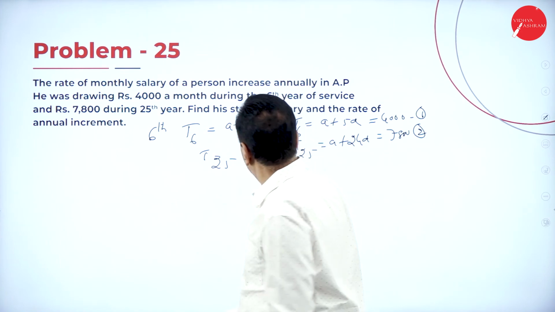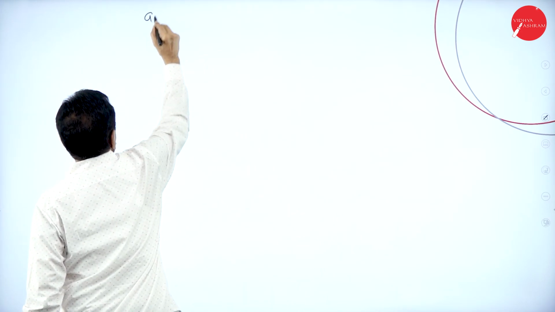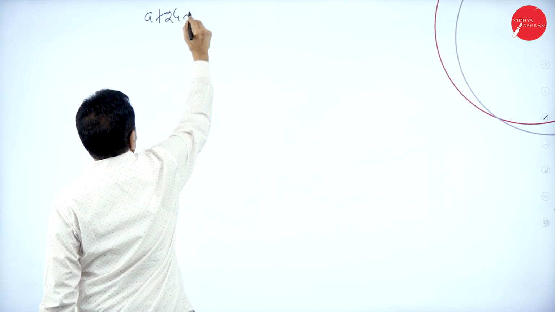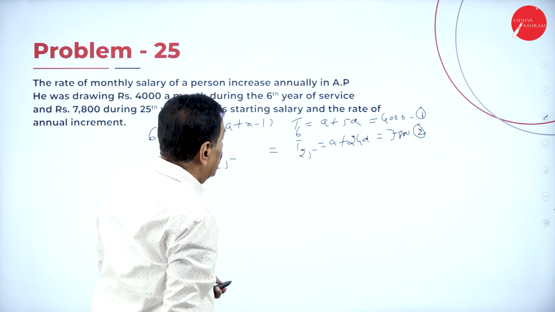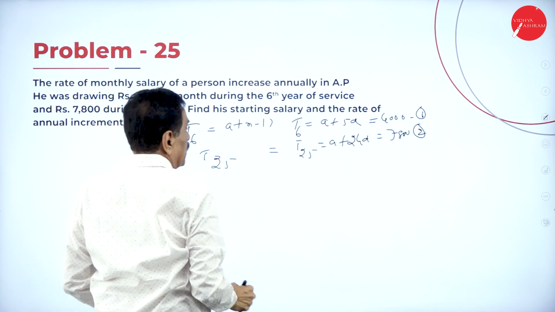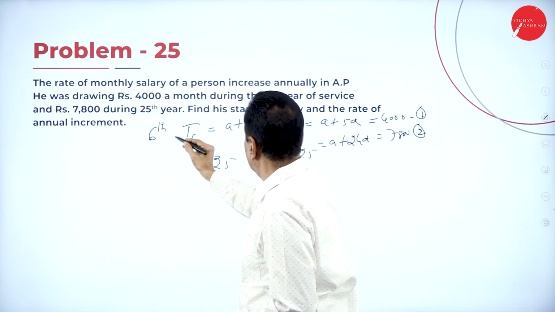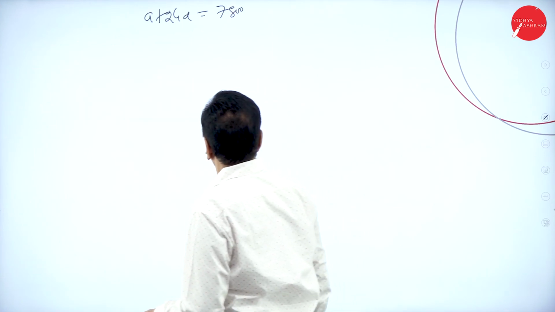Put the first equation: a plus 24d is equal to 7,800. The second one: a plus 5d, the monthly salary in the 6th year of service, is 4,000.